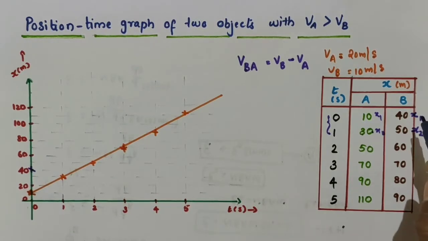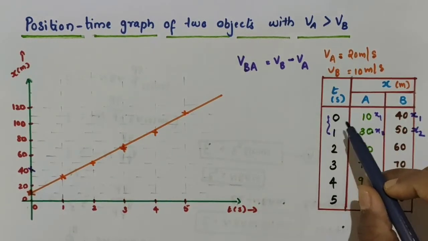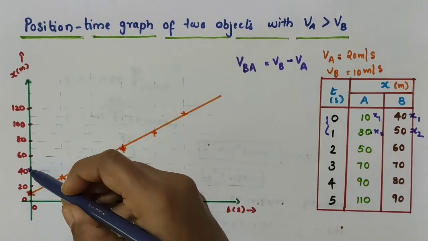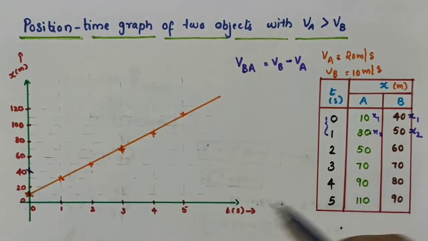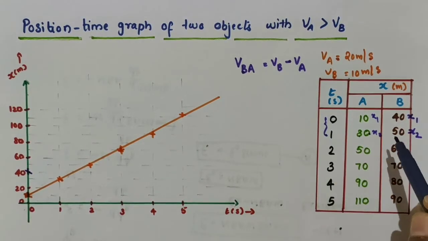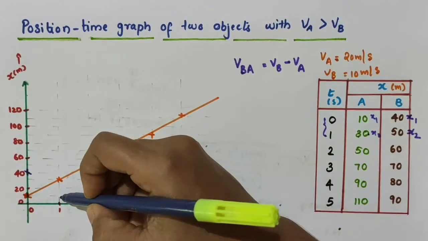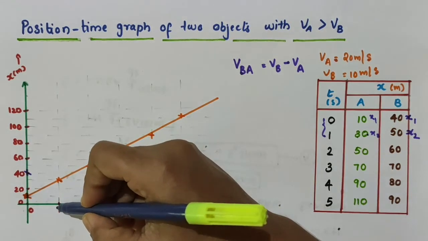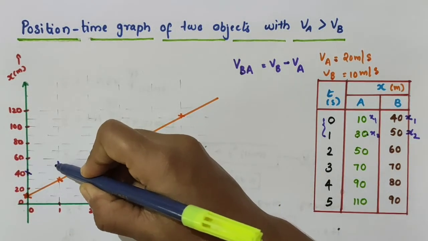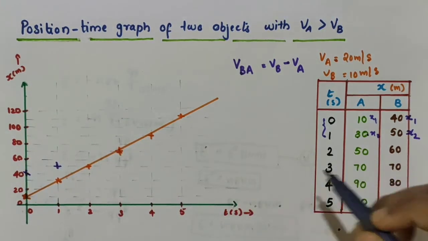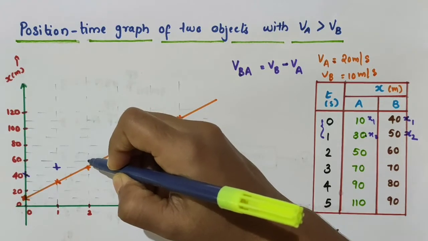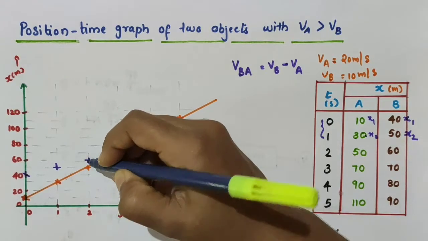Now for the object B, at t equal to 0 seconds, its position is 40 meters away from the origin. So initially here. At t equal to 1 second, position 50 meters away from the origin. So 1, then 50. The point will be somewhere here. Then 2, 60. The point will be somewhere here.